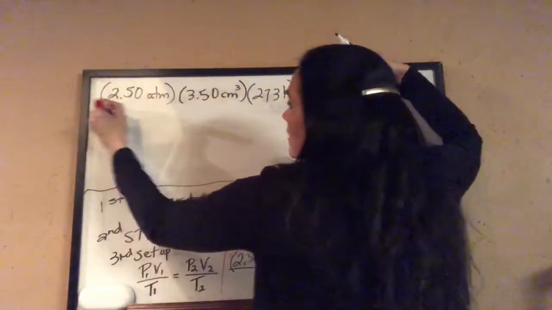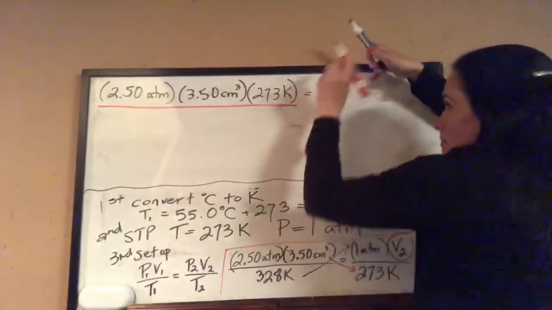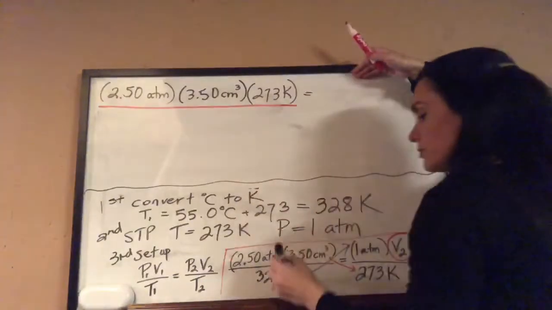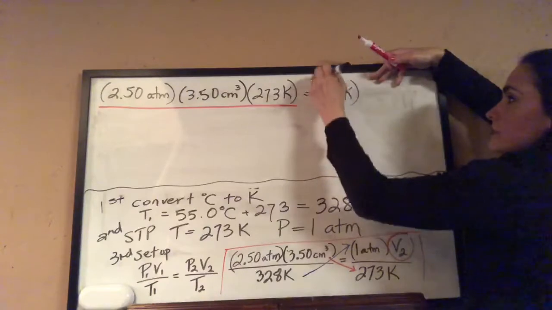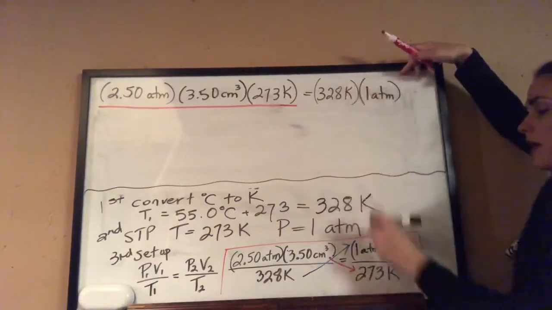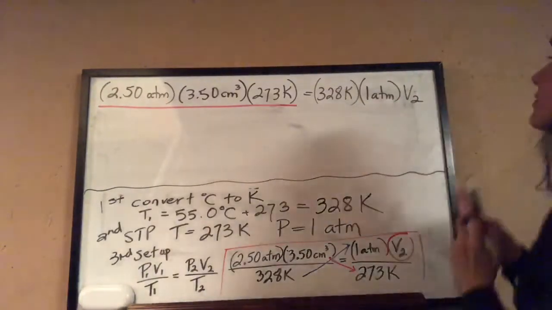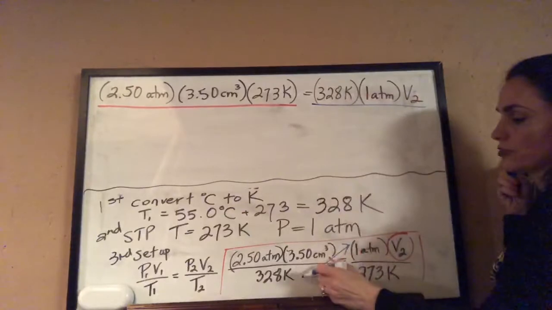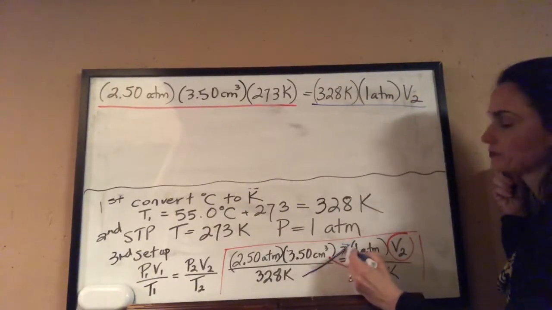I'm going to underline that in red because that's the product with the red arrow. Equal to the other product, 328 Kelvin times 1 atmosphere times V2. That's your other side of the equation. That's a result of this cross product here, okay?